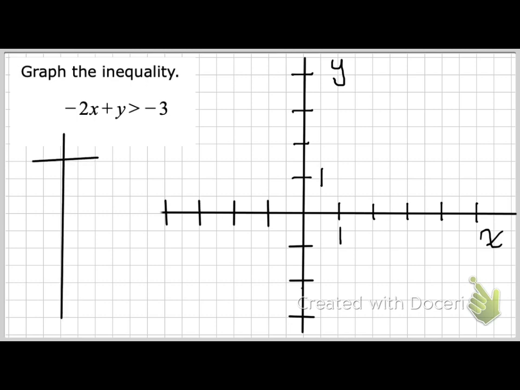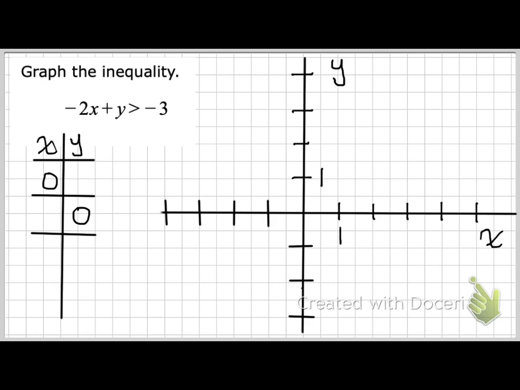That's not always convenient, but I like to at least take a look at that and try to start there. x equals 0 will give me the y intercept, and y equals 0 will give me the x intercept. And those are just two easy points to find, right?